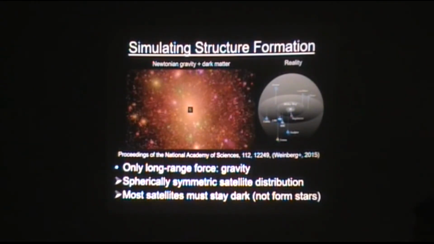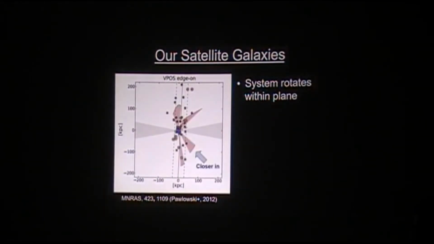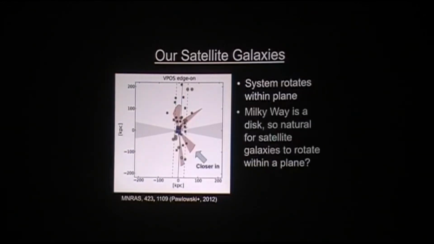But more importantly, the satellite galaxies of the Milky Way are rotating within a very thin plane. We have actually measured their proper motions now, so we do know they're rotating within a plane. You might be thinking, well, you get disks all the time, so what was unusual here? Two major things.